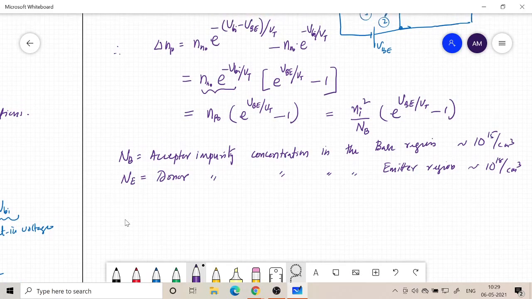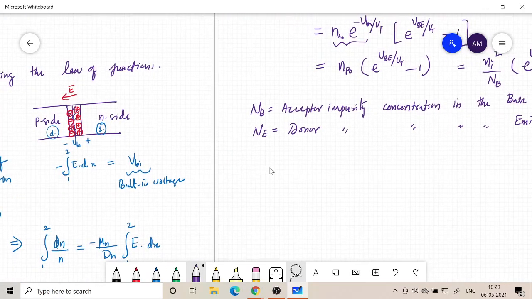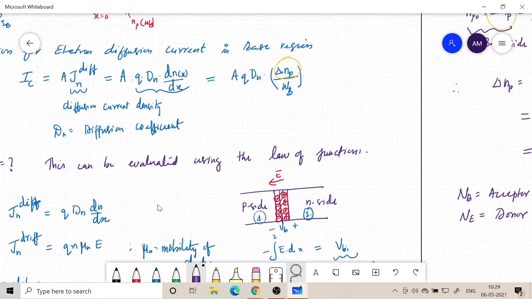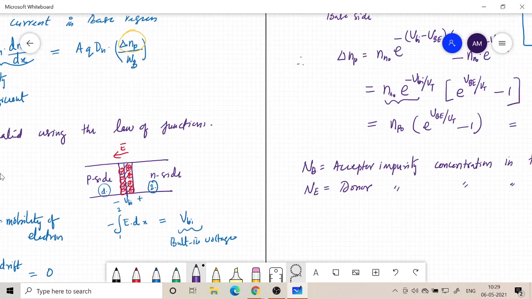Okay, so we got an expression now for delta Np that we were looking for, and now we can substitute that in the expression for our collector current. So this is the expression for collector current. Let me rewrite it.